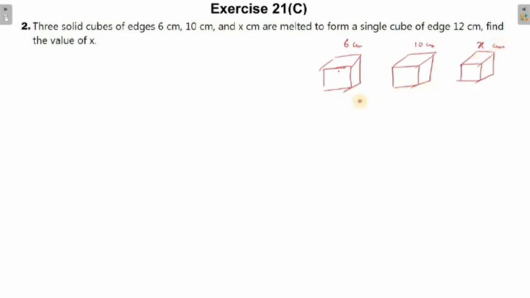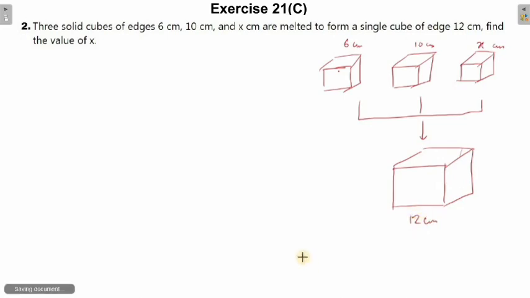Now you have melted them, and using the material that you get out of melting, you are forming one more cube whose each side is given to be 12 centimeter. Now the question is asking you to find the value of x.